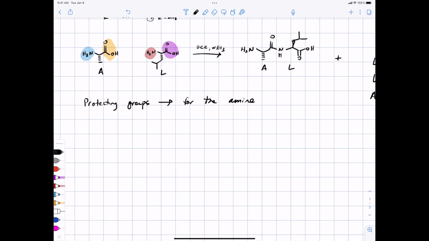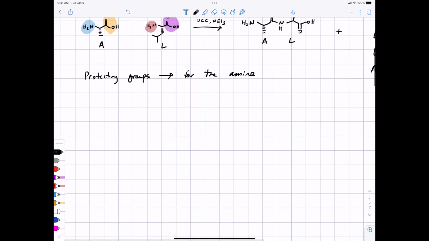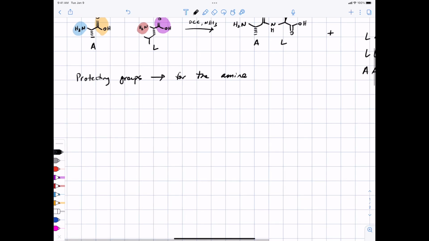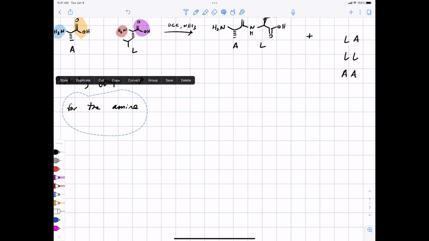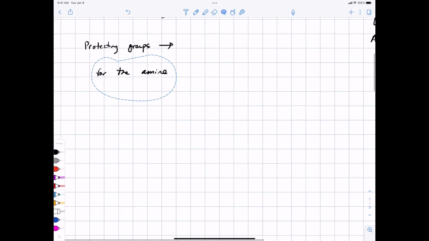There's a couple of different options. I guess they're both for the amine and for the acid. So let me show you a couple of options for the protecting groups for the amine. The first is called Boc. And I'll show you what it looks like.